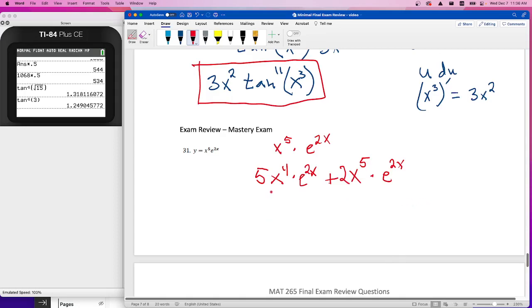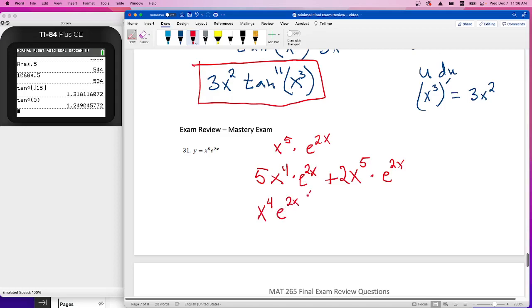Just be prepared. For multiple choice purposes, they may say, okay, let's factor this out. Let's do some algebra on it. So notice we can take out an x to the 4th, and we can take an e to the 2x out because they both have that.